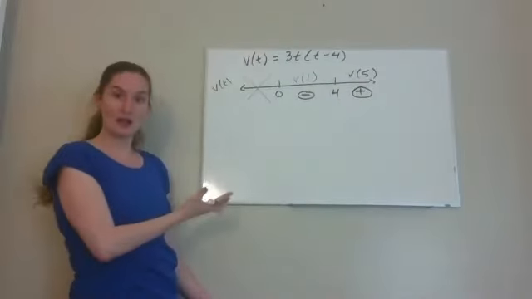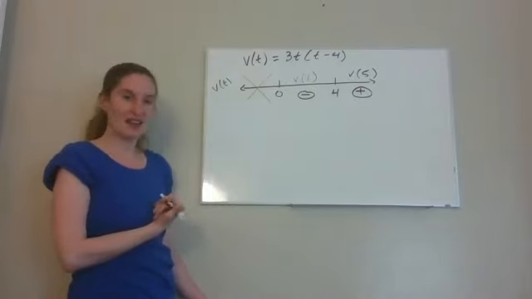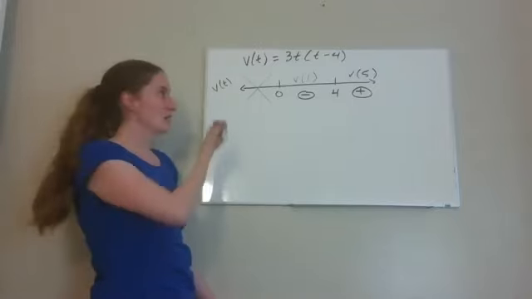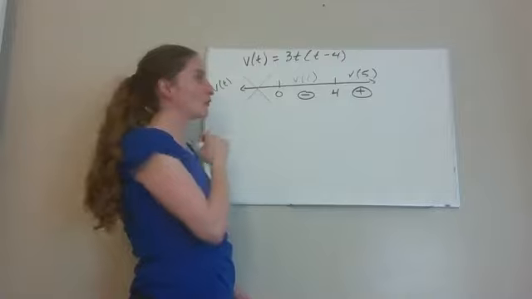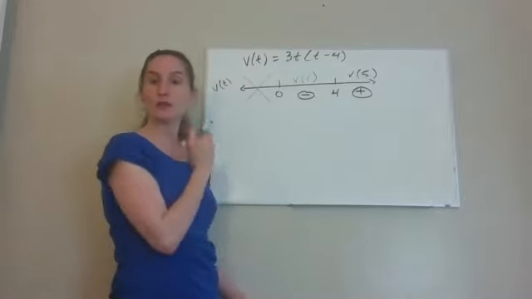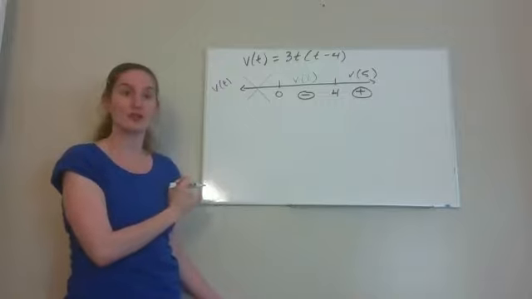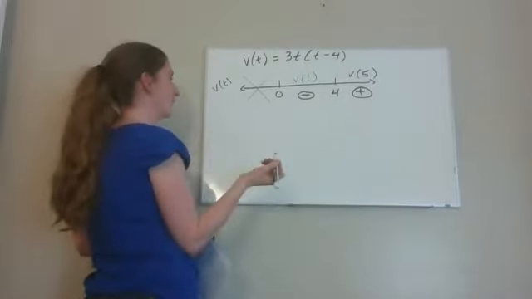So I get a sign chart for my velocity function. My velocity is negative, meaning that my object is moving in the negative direction between 0 and 4 seconds. And then after 4 seconds, my object has switched to moving in the positive direction, and it keeps moving in that direction forever. So this is my sign chart for velocity.